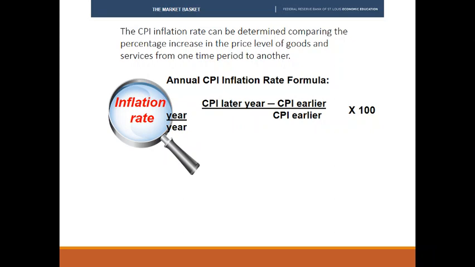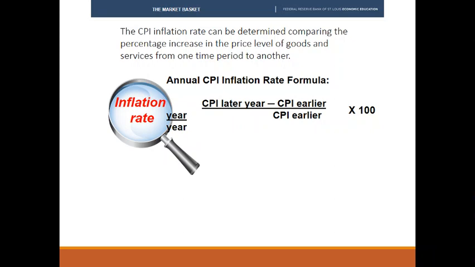But to think about how we use the CPI to calculate inflation, we have this basket. We take basically the price of this basket of goods and create this index. So we have an index number based on these prices, and it changes over time. So the inflation rate for a year can then be measured by looking at this change in the consumer basket.